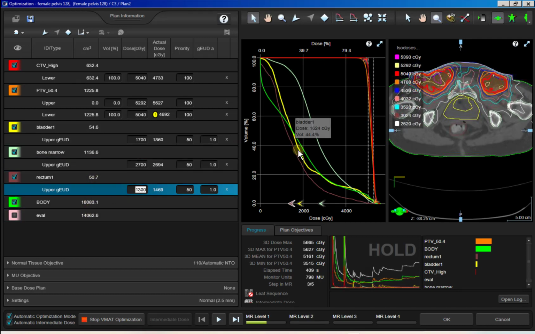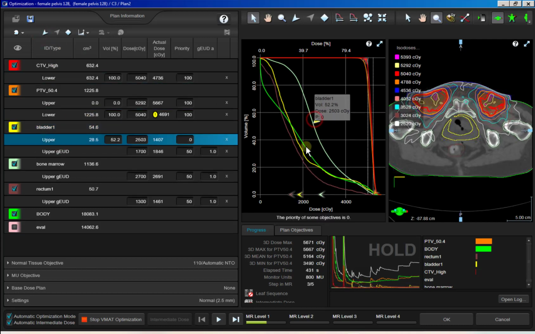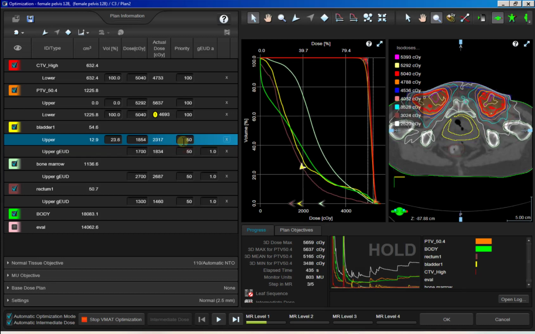And that's when I evaluate my plan, and I evaluate the specific constraints that I'm trying to meet. And if I'm not meeting those specific constraints, I start adding regular uppers. So let's say on our bladder, we had a constraint on 2000 centigray that we're not quite meeting. I add my individual upper and I start pushing on that very specific area. Okay.